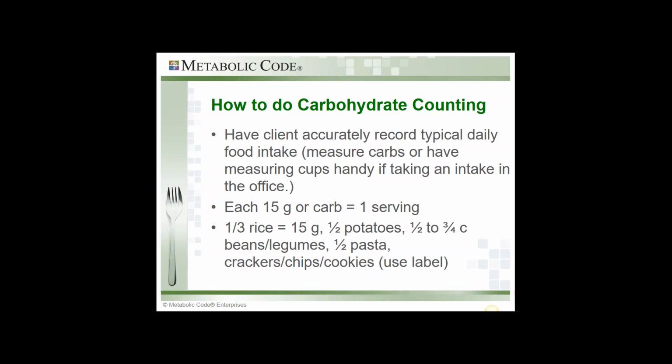Now, when we're looking at things like cereals, crackers, chips, cookies, packaged foods of different types, you have to use the label to figure out what is 1 carb serving from that food. So the next slide shows us how to do that.